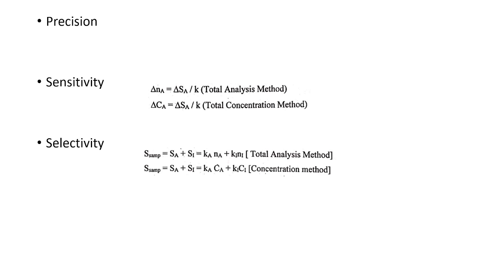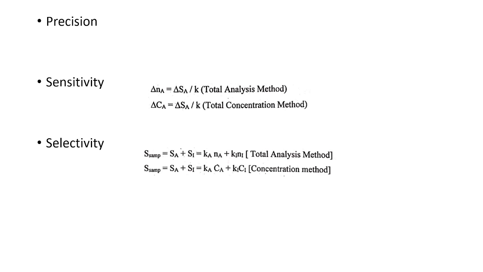For example, if you note down the reading for iron, the total reading will be due to iron as well as the interfering metal, for example copper. So copper becomes I, the interferent, and iron becomes the analyte, Sa. The total signal you will measure is Sa plus Si, which can be written as K into Na plus Ki into Ni.